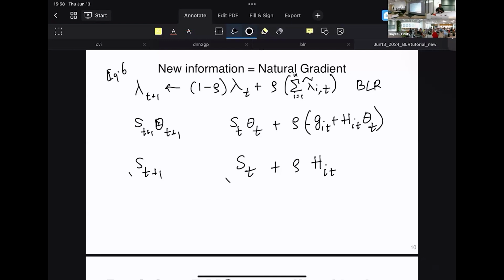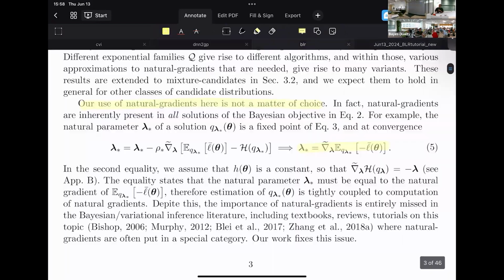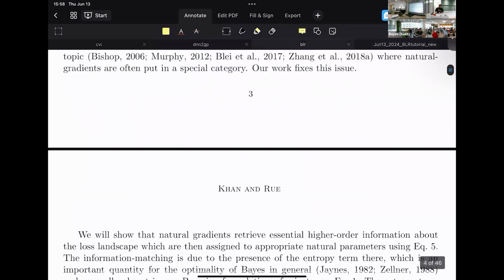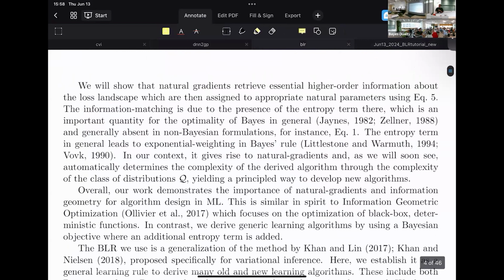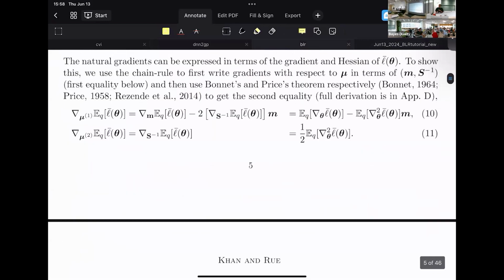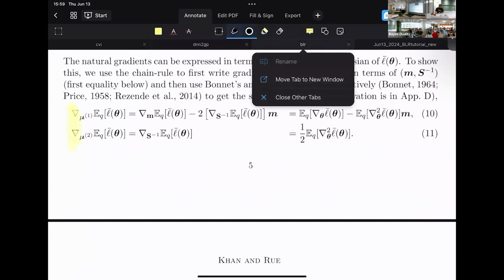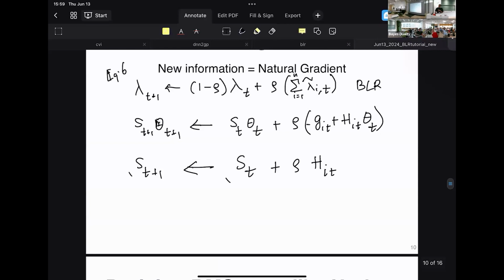I mean, you can see in the BLR paper, this is actually shown. Let me write down the equation. I'll post the annotated version. So this equation is actually proven, and you can check it in the paper. So write equation 10.